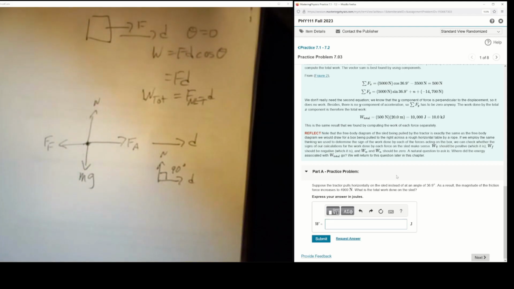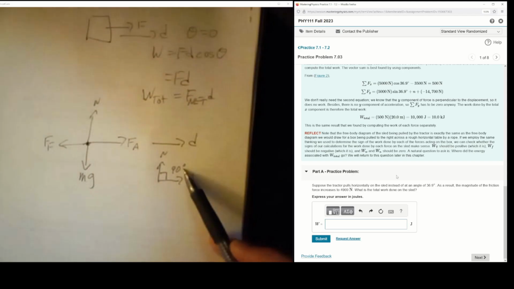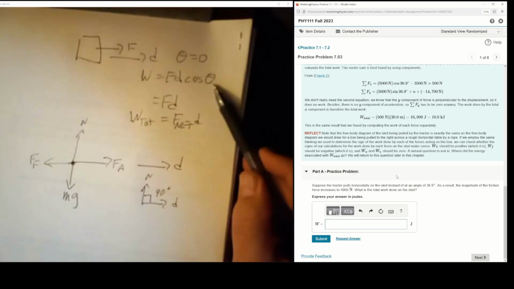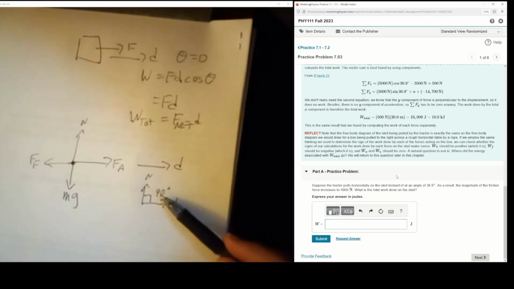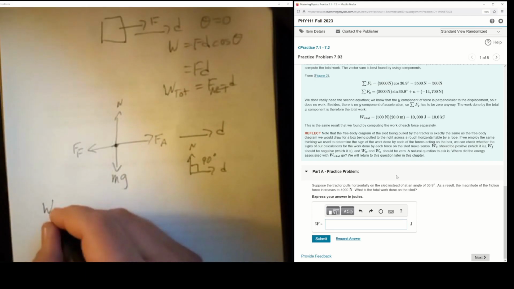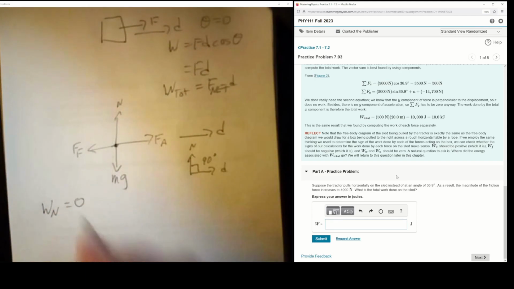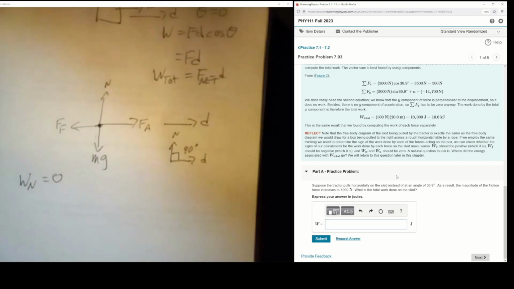So the angle between these vectors connected tail to tail is 90 degrees. This is the theta that we're interested in for our work. But cosine 90 is 0. So the work done from the normal force is 0 because it's perpendicular to the motion.